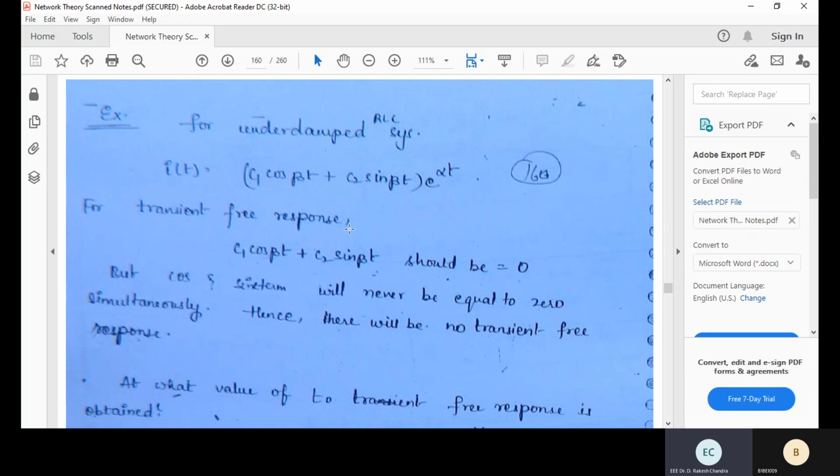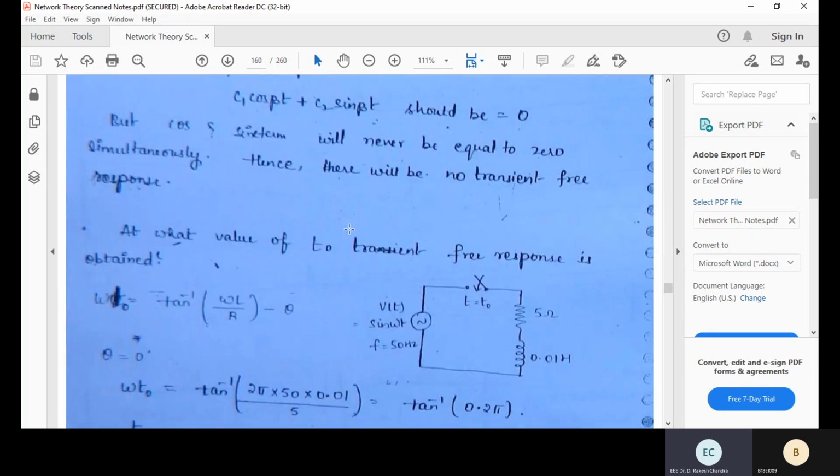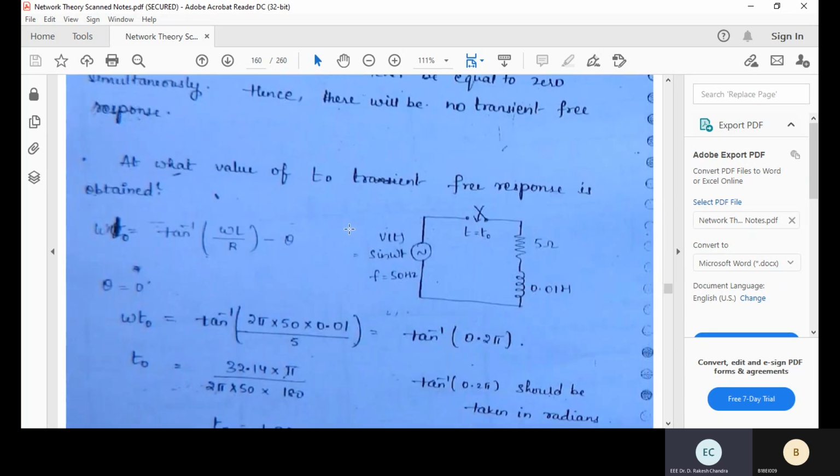If you take 90, cos 90 is 0, but sin 90 will be 1. So if you substitute any such angle, this combination won't be equal to 0. That is the reason why for a series RLC circuit under AC supply there won't be a transient free response. The transient free response will be there for a series RL circuit and a series RC circuit under the AC supply.